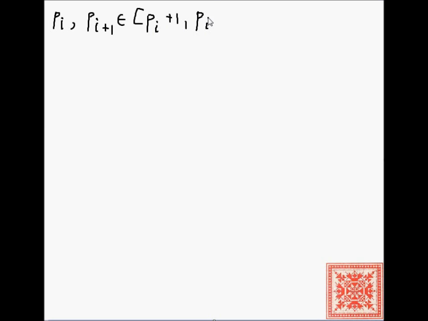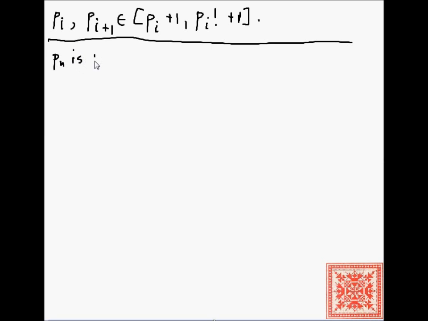So given p sub i, the ith prime we have computed, the next prime will be found in that range. P sub i plus 1, lower bound, and p sub i factorial plus 1 on the upper bound. We're going to show, using this fact, Euclid's gift to computer science, that p sub n is primitive recursive.